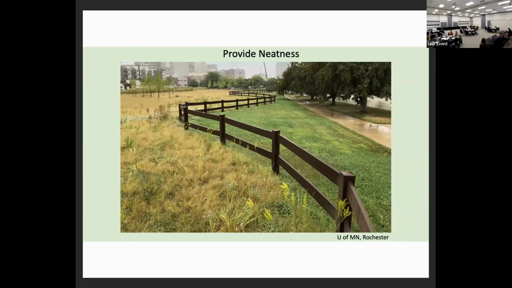If you can imagine on the left there, that prairie being brought all the way to the sidewalk, it would look like an abandoned lot. People would not like it, even though it would be the best thing we could do because we're not mowing and it accommodates pollinators and all that stuff. But the neatness of the lawn and that fence makes this very acceptable to society. So it's all about perception is reality. Next image.